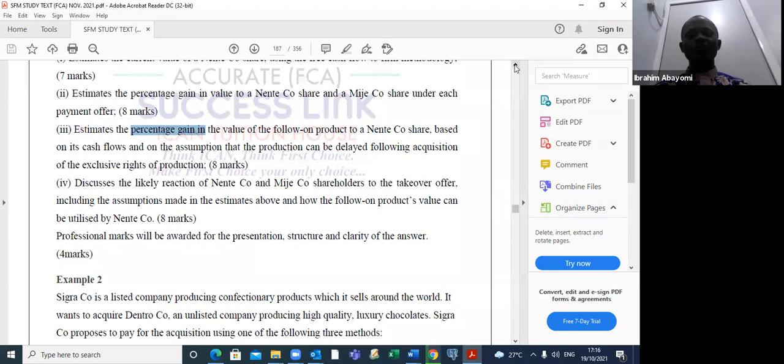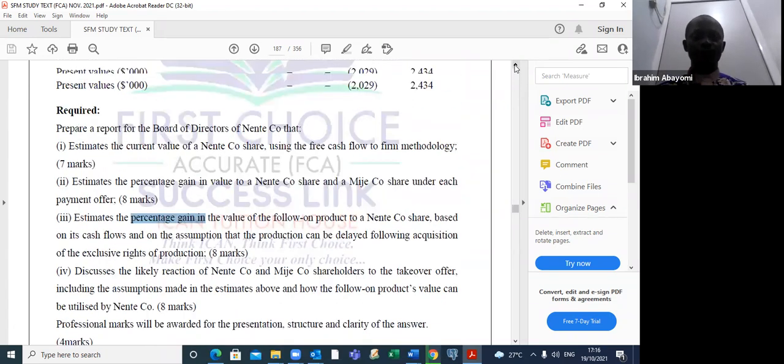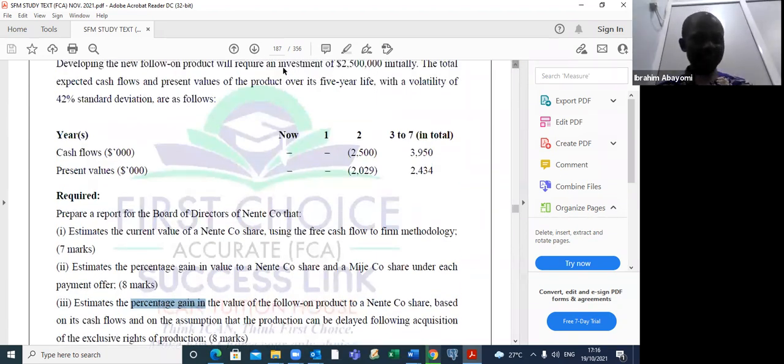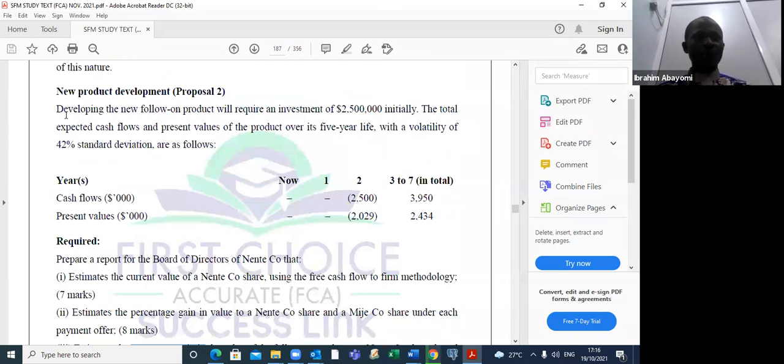So let's go and look at option 2. Developing the new follow-on product will require an investment of 2.5 million initially. The total expected cash flows and present value of the product over its 5-year life with a volatility of 42% standard deviation are as follows.